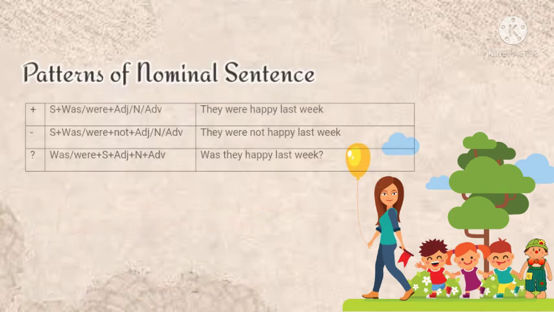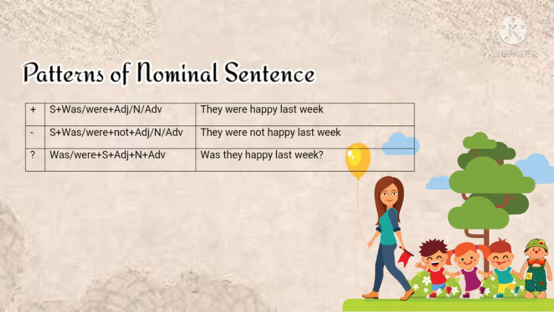Now let's take a look at the nominal sentence. For the positive sentence, the pattern is subject plus was or were plus adjective or noun or adverb. For example, they were happy last week. For the negative sentence, the pattern is subject plus was or were plus not plus adjective or noun or adverb.